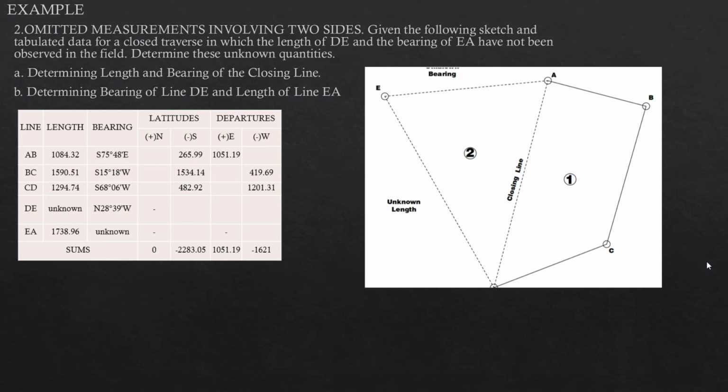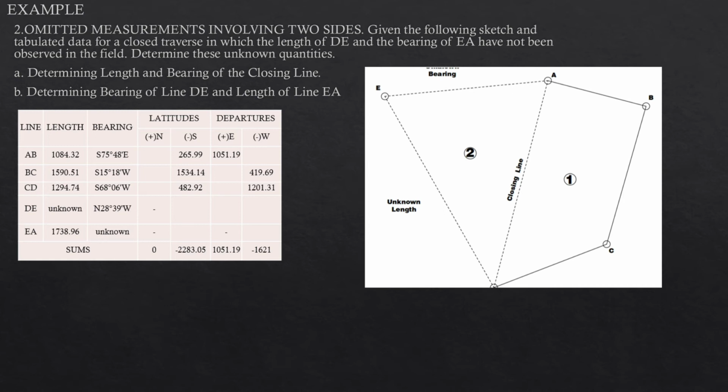So determine these unknown quantities, yung length ng DE and bearing ng EA. Okay, so first, determine the length and bearing of the closing line. Then next is yung determining bearing of line DE and length of line EA.